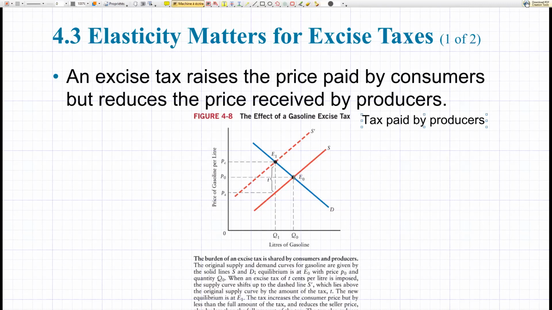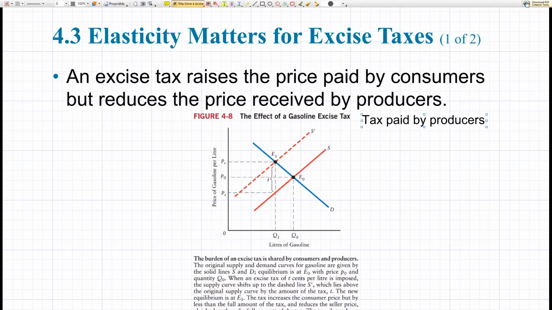And now I ask the producers, for every unit you sell, you have to pay a certain amount of tax equal to PC minus PS. This distance here is what we call a unit tax. What happens? If I'm a producer and I receive $10 from the consumer, but I have to pay $10 extra to the government, then I'm going to ask not $10 but $20 of the consumer.